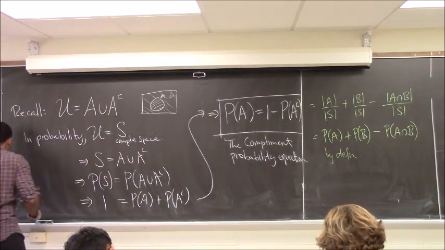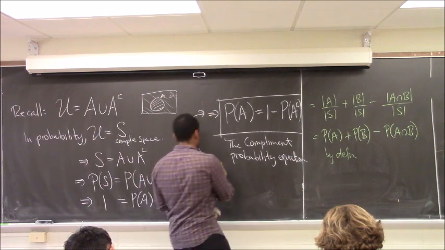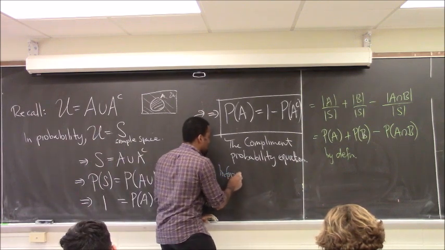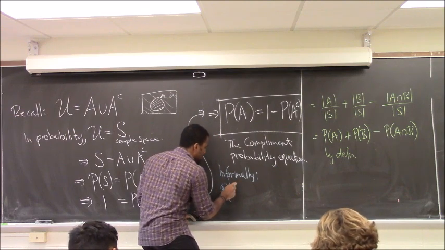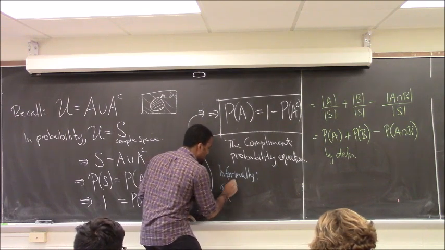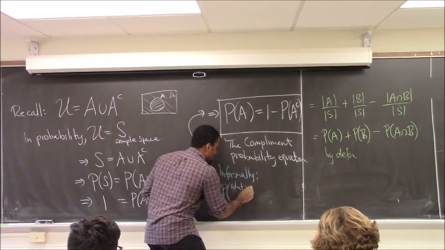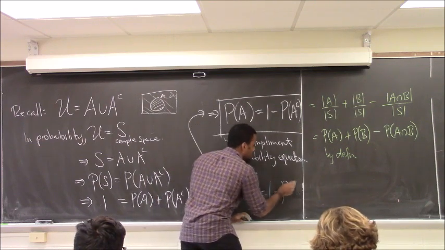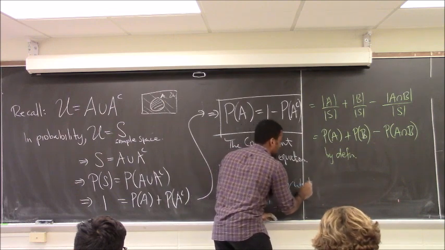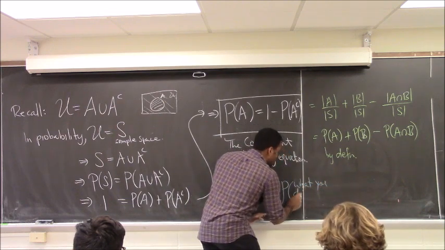And informally, basically what this says is that the probability of what you want is the same as 1 minus the probability of what you don't want. Now, why is that useful?